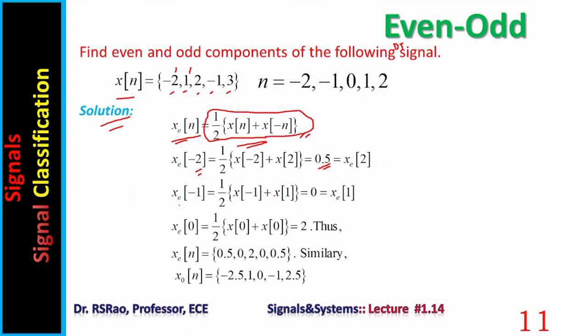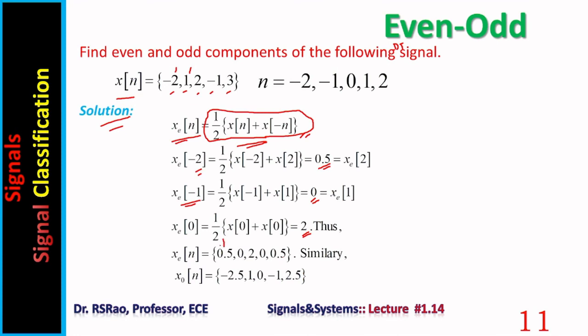In the same way, xe of minus 1 can be computed. It turns out to be 0, which is equal to xe of 1. In the same way, xe of 0 also can be calculated. It turns out to be 2. Therefore, xe of n becomes 0.5, 0, 2, 0, 0.5.